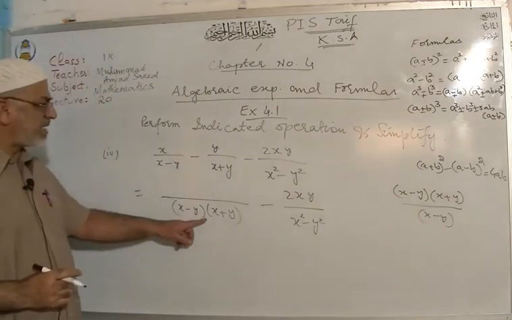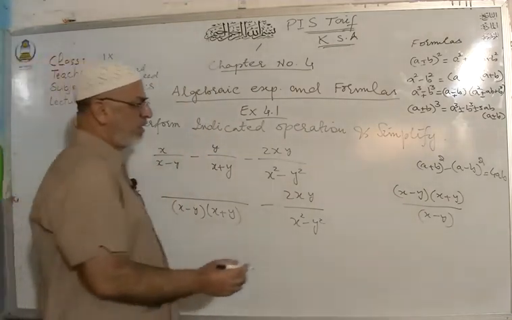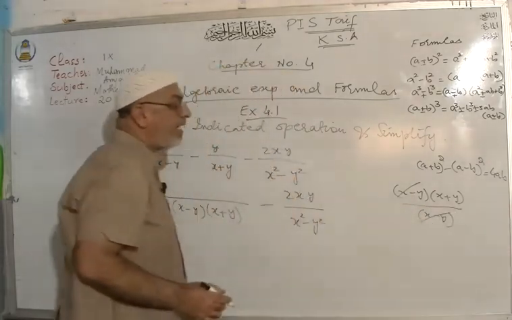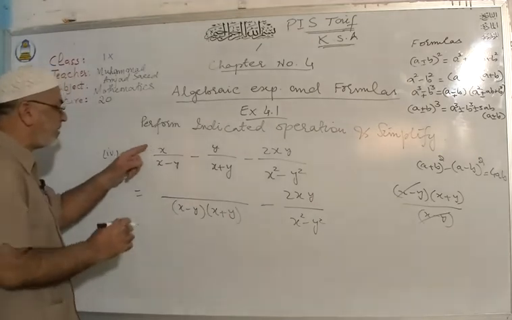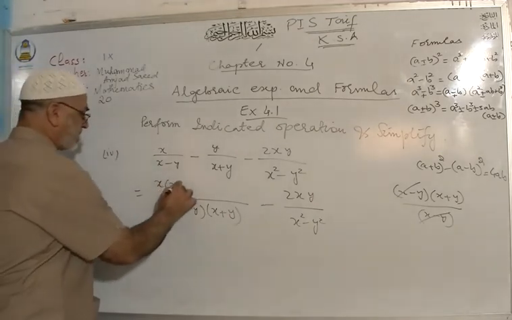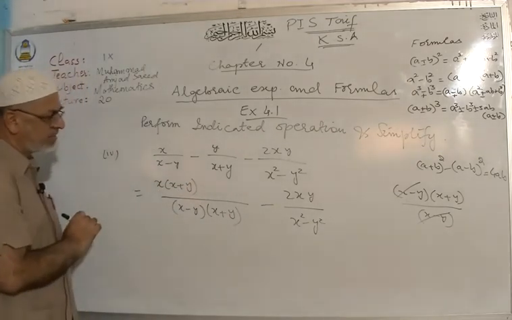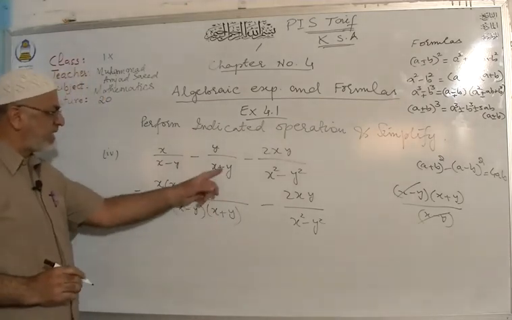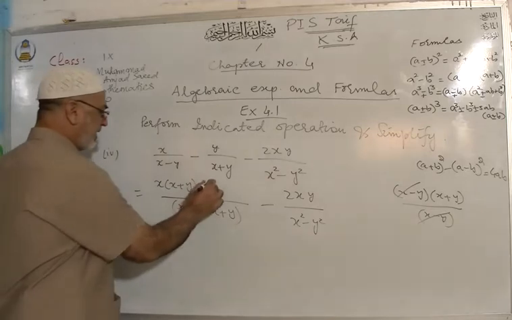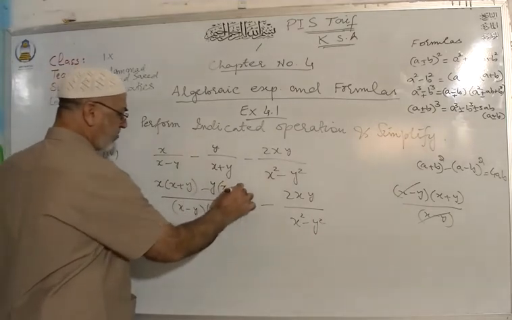Divide this LCM by this number. You cancel out. We are left with x plus y. This x plus y will come up and multiply x like this. Similarly, when this is divided by this one, this is cancelled out, x minus y left. So y into x minus y.